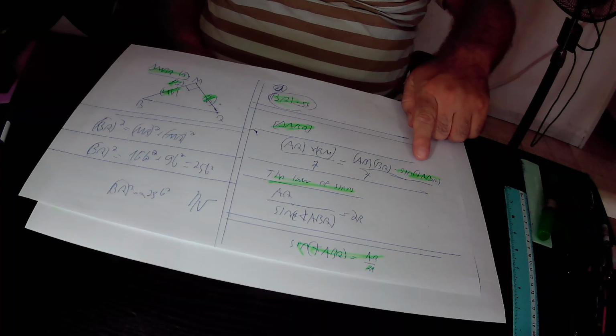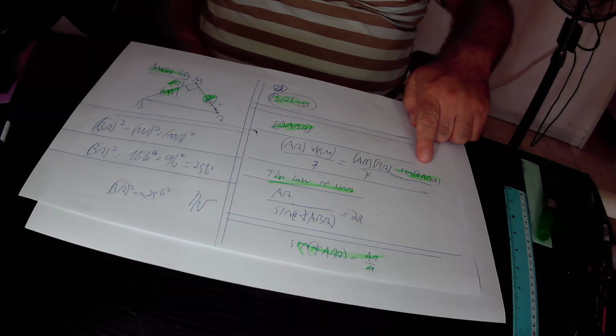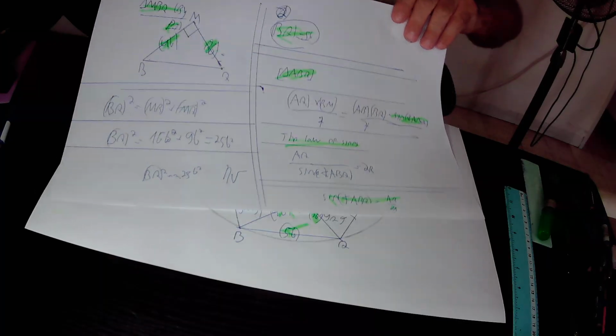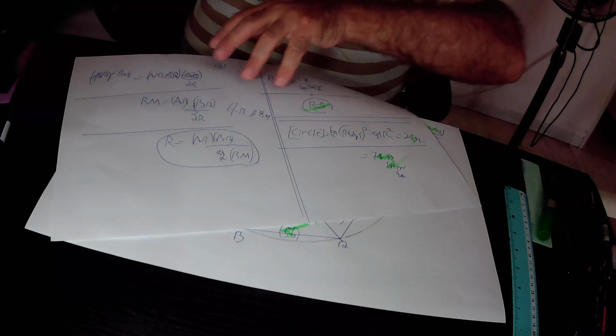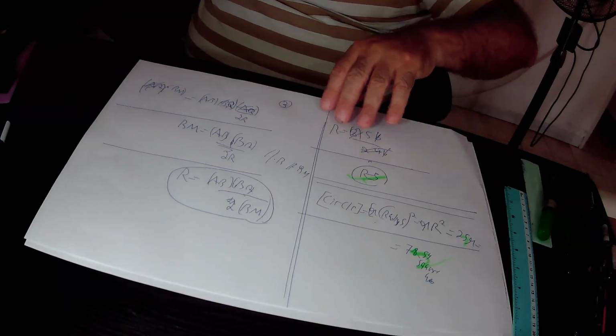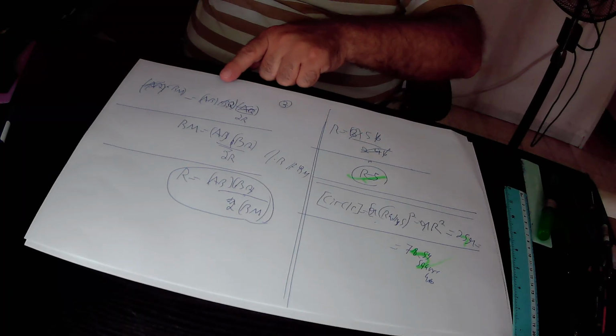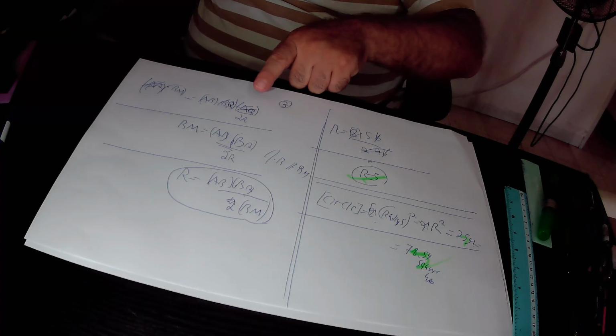Now we can substitute sine of angle ABQ by AQ over 2R. We found that AQ times BM equals AB times BQ times AQ over 2R.